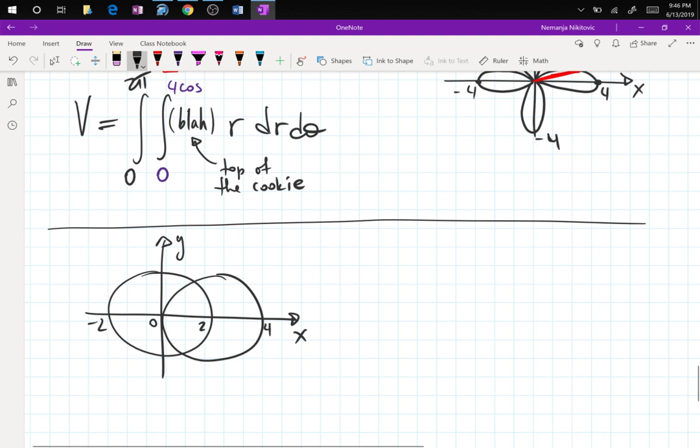And I'm going to have the equation here as r equals 2. That's a circle, right? It goes through 2. And the second one over here is r equals 4 cosine theta. So r equals 4 cosine theta is the circle that is shifted 2 units to the right.